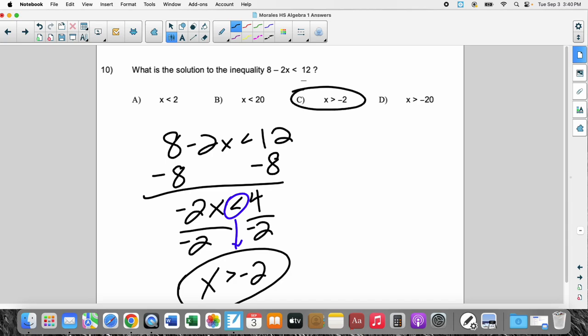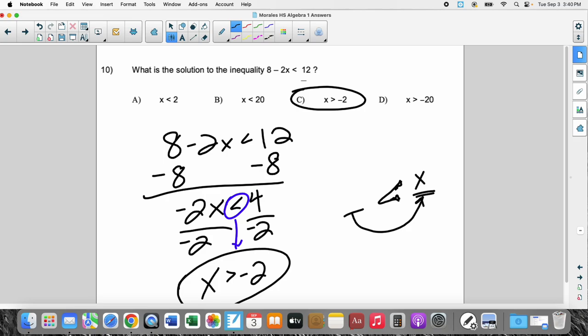And the reason why you flip the inequality is because when you change the sign of your variable, you're moving it across the inequality. So when we move it across, if it's sitting on this side, it's less than, and then when I move it to the other side, it's now going to be a greater than.